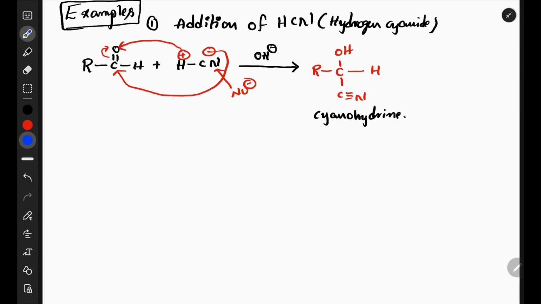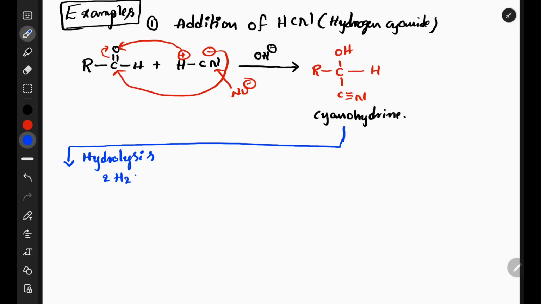The first application is that this cyanohydrin undergoes hydrolysis by taking 2 moles of water molecule. I can call this complete hydrolysis. When cyanohydrin undergoes complete hydrolysis, there is generally a formation of carboxylic acid.